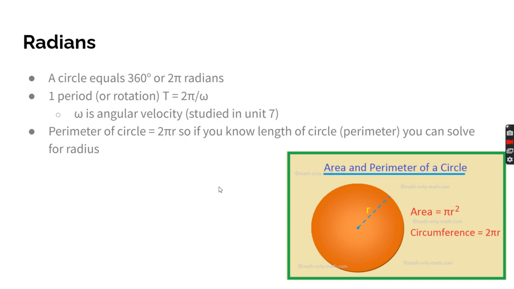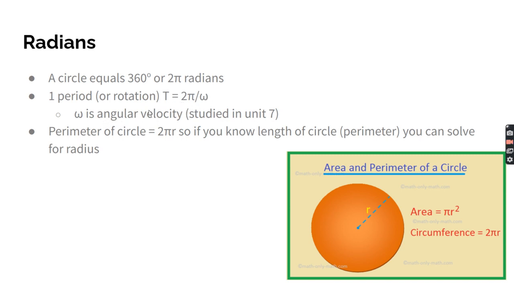So radians, this is an important concept, not really for this unit too much, but you just need to understand it with circles. A circle is 360 degrees or 2 pi radians. It's just important to understand that one rotation, or 1 period, is just one circle. And that'll be important in the simple harmonic motion unit, or in torque.